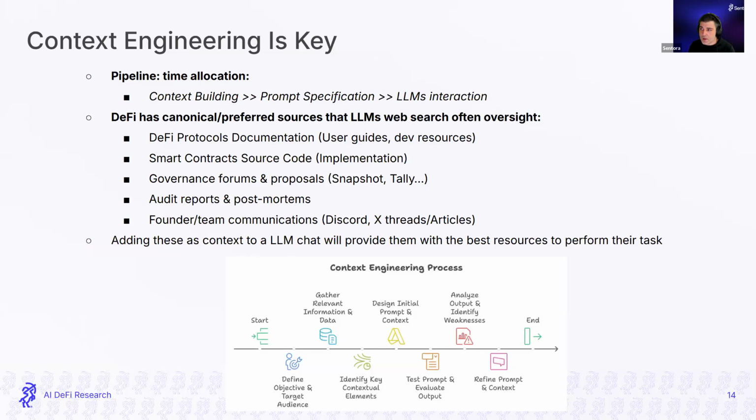So if we can somehow prepare the context of our chat with resources that come directly from the source, like smart contract source code, discussions on the governance forum, audit reports for the technical side, postmortems, or even official communications like X threads, we are going to come up with an output that is going to be way better than if we let the LLM just rely on its background data that was made for training mostly.